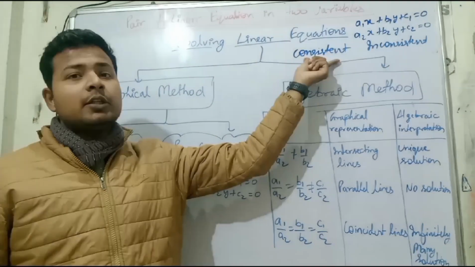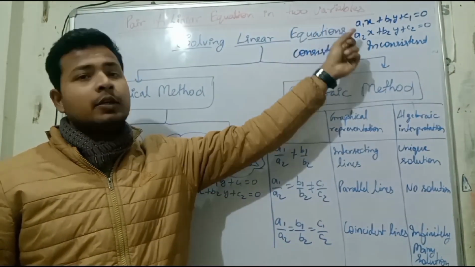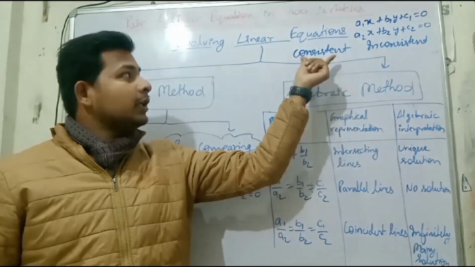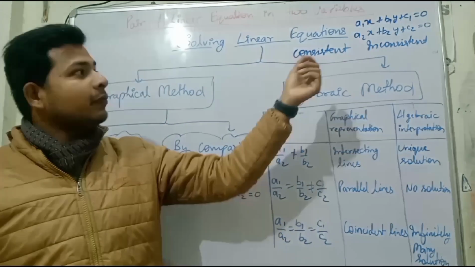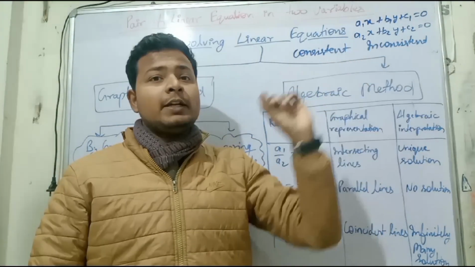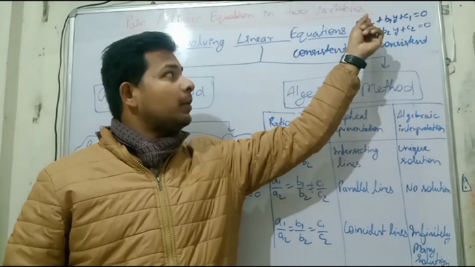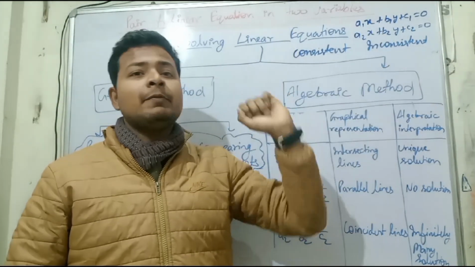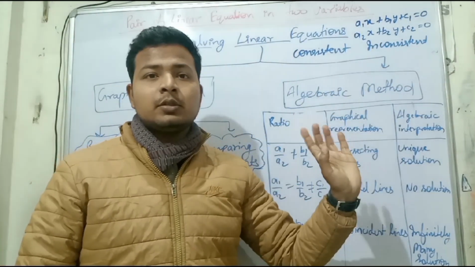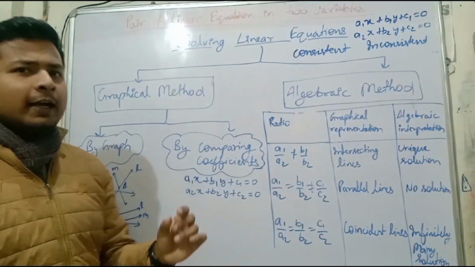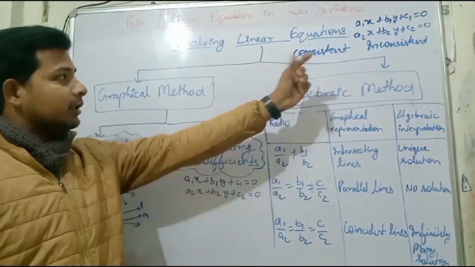If you get the solution of those pair of linear equations, then you can say that those equations are consistent. And if you are not able to find any value of x and y which are common in these two, at that time we can say that these pair of linear equations are inconsistent. I will explain it with an example so you will be able to solve the questions easily.